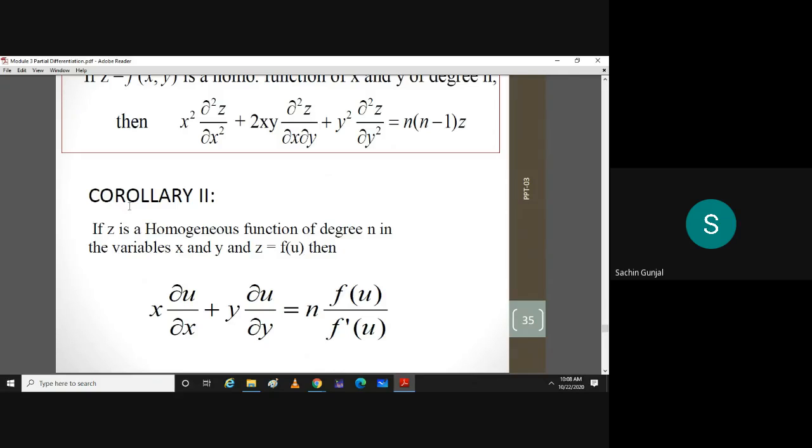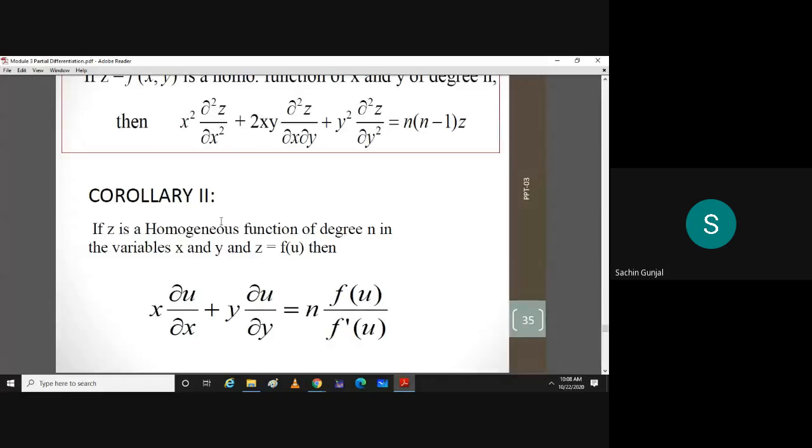So while writing this corollary 2, you start with: given function u of xy is non-homogeneous. Write down corollary 2. Don't write it as it is; there has to be one statement.